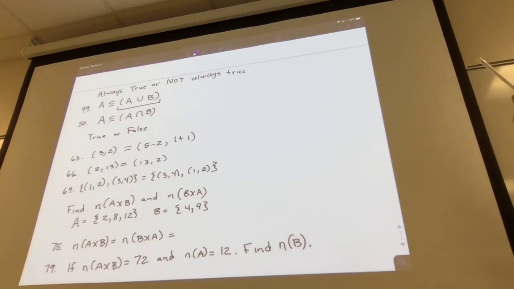So it means for the statement, A is a subset of B. Will that always be true? That saying, will A be in the union of those two? Well, yes, because the union includes everything of A and everything of B. So it's saying, will A always be in that? Yes. So we would say, always true.